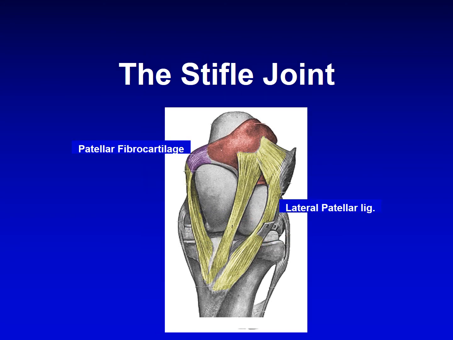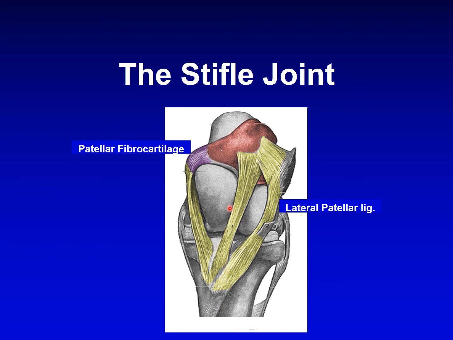Now, the patella is guarded by a number of structures that keep it sliding and gliding on the trochlea of the femur and on the tibia.